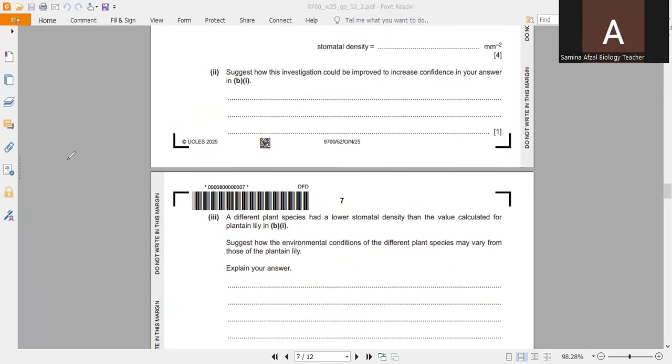For this purpose, we are going to write the answer. To increase confidence in the result, we can calculate a mean, we can check for outliers, or we can increase sample size. So any one of these you can write.